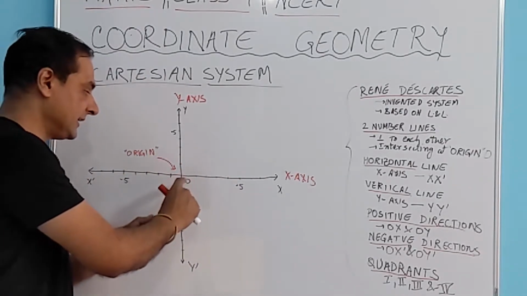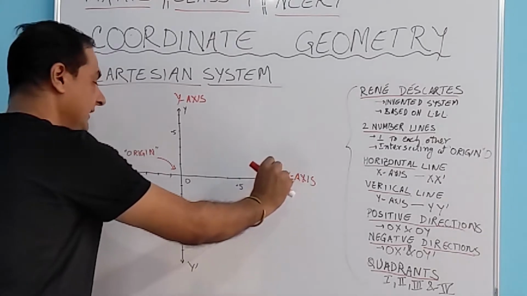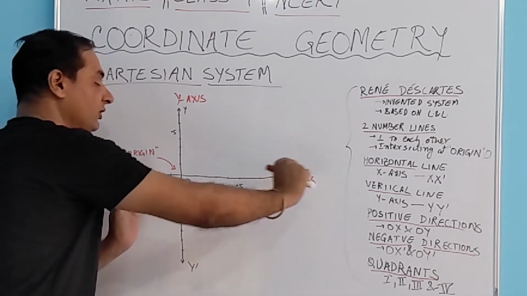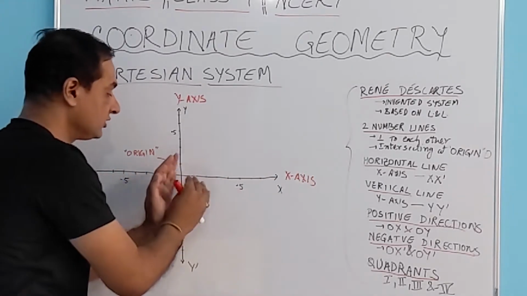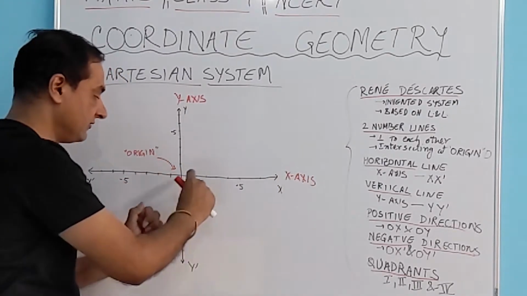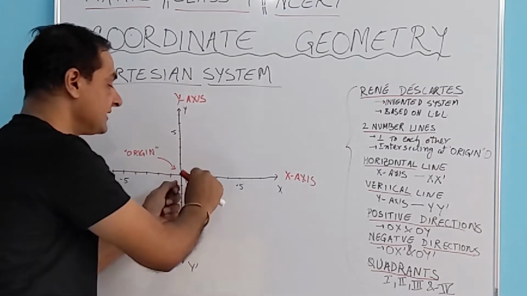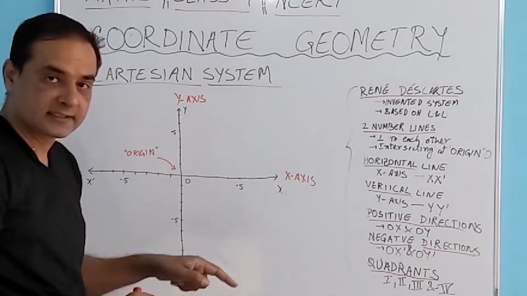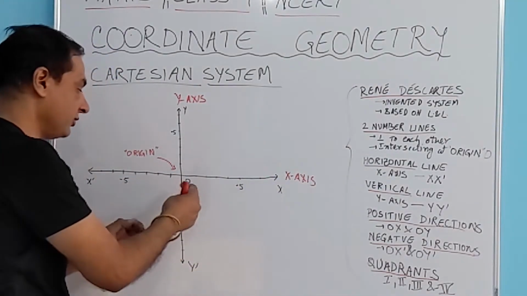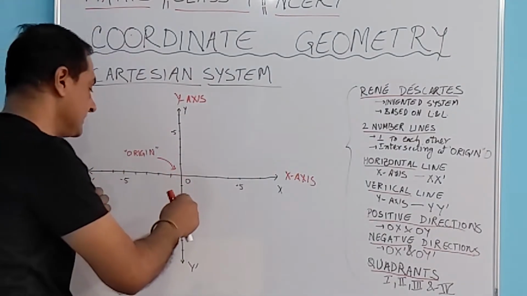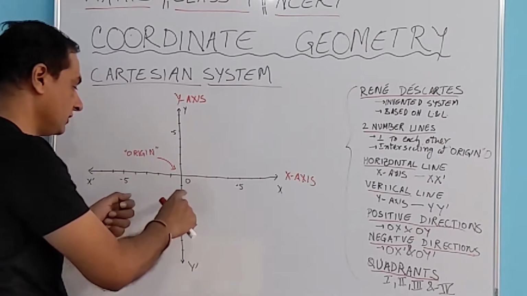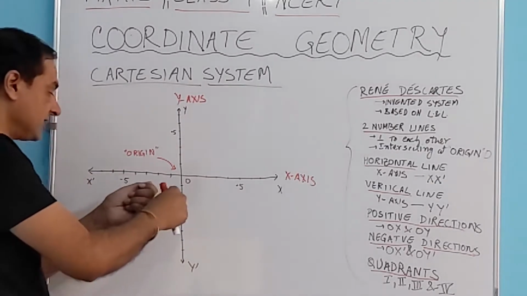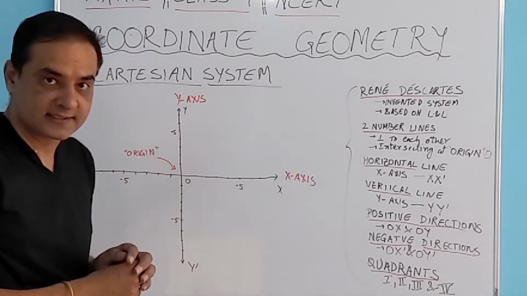अगर ध्यान से देखेंगे, so ये number line है, ये origin है. If you go right hand side, all the numbers will be +1, +2, +3 and so on. So this direction, which is OX, is the positive direction for the x axis. In the same way, if we go in the other direction, which is the left hand side, from here -1, -2, -3 and so on, so OX' is the negative direction for the x axis.